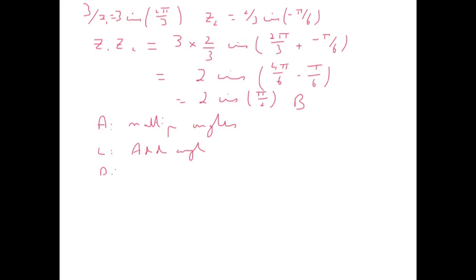For D, it looks like to get 2 over 9, they've divided the r values. So they've done z2 divided by z1. And for E, negative pi squared on 9, it's the same response as A, which means they've multiplied the angles and they've also messed up the r values. So that should be enough.